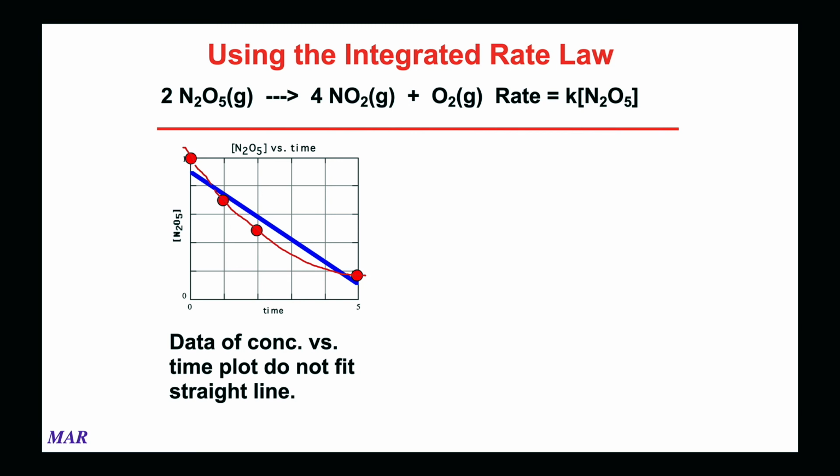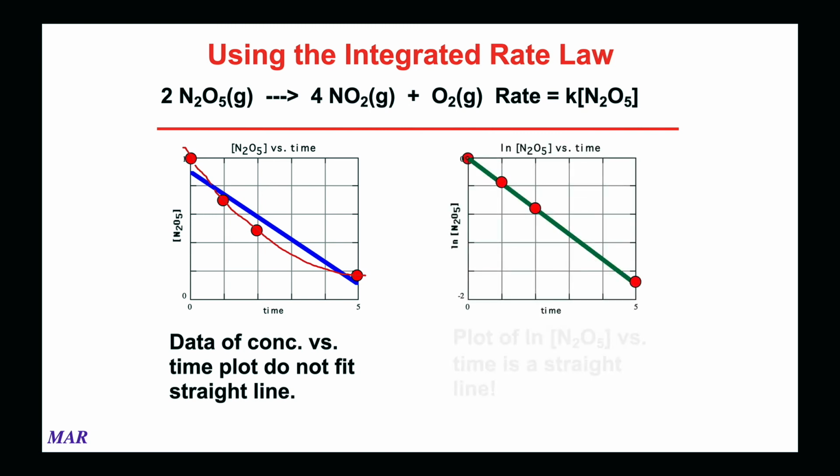Curved lines, you could do equations too, but you need to do powers or exponential analysis, stuff like that. However, if you plot the natural log of the concentration versus time, you get a really nice straight line. So notice here that just plotting concentration of N2O5 versus time really didn't do that much. But natural log of N2O5 versus time, we get a nice straight line.